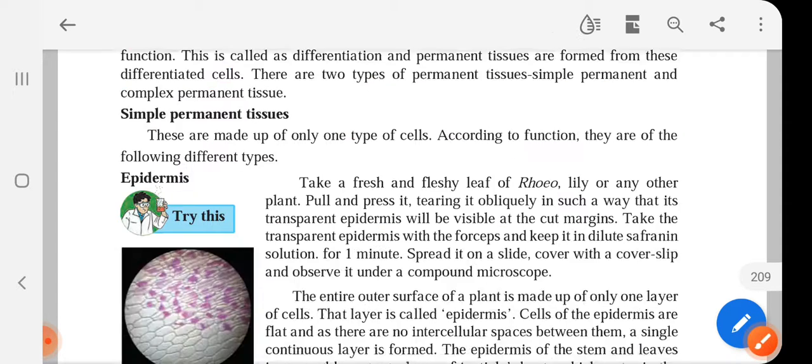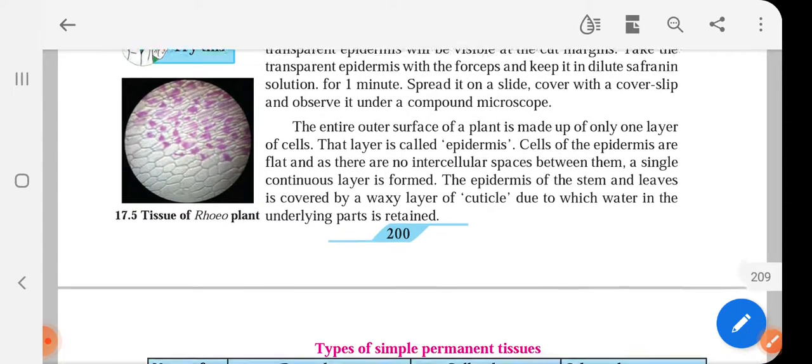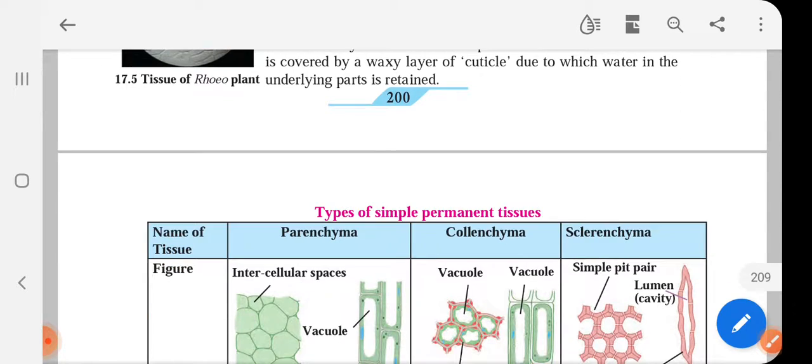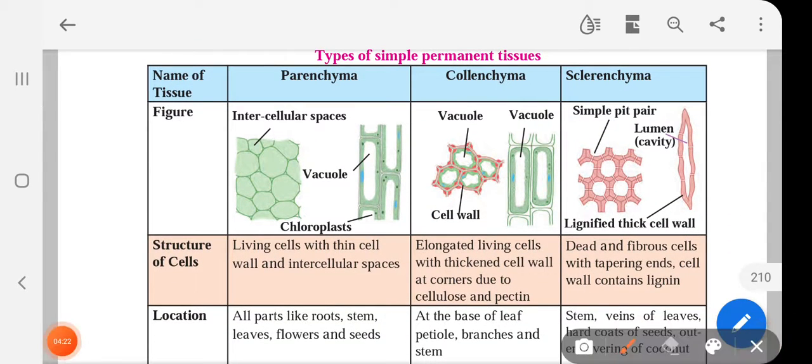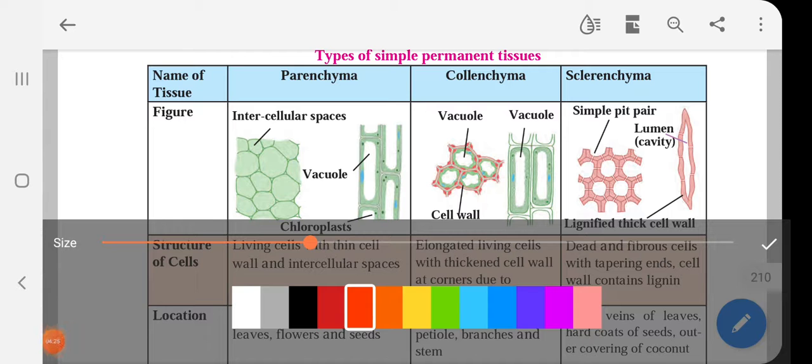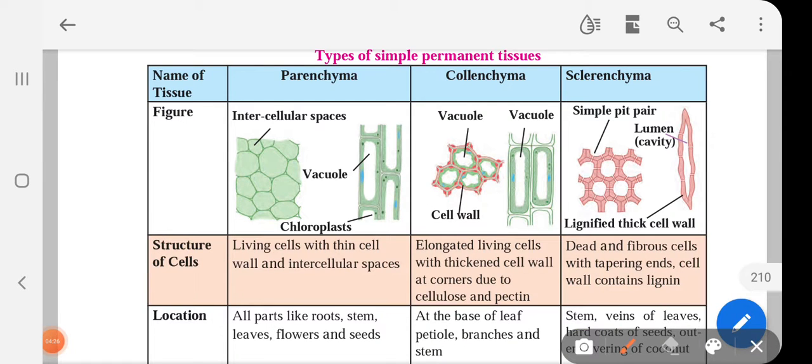Okay, so let us see types of simple permanent tissue. Here, as you can see in the figure, parenchyma, collenchyma, sclerenchyma. These are the different types of simple permanent tissue.